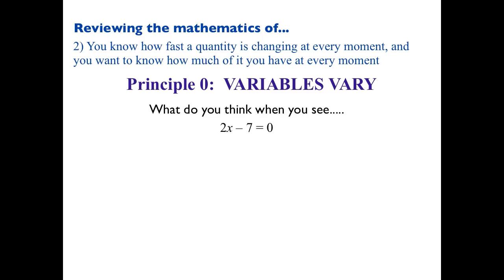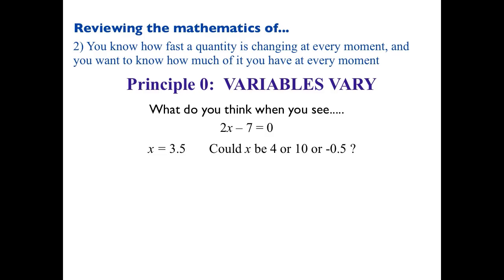All right, so when you see this, 2x minus 7 equals 0, what do you think? What comes to mind? X equals 7 over 2. 7 halves, right? So x has a value, and you solve for x, and you get 3.5. So could x be 4 or 10 or negative 0.5? Yes or no?